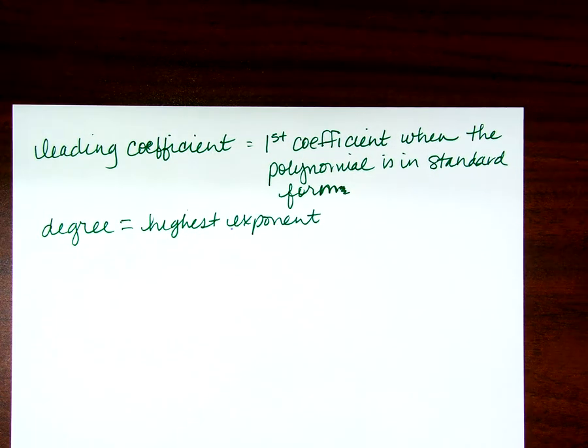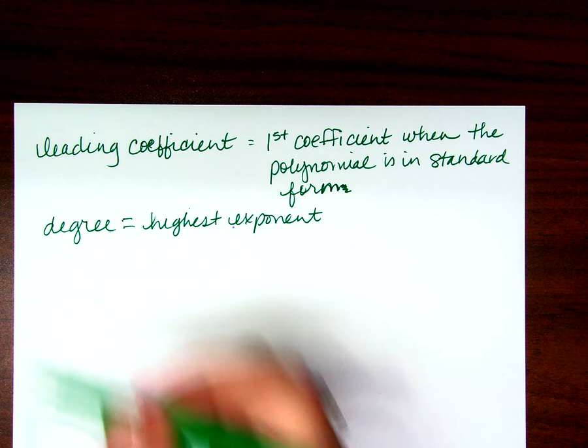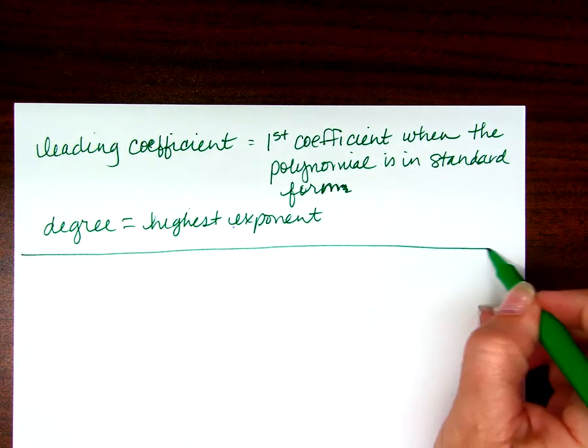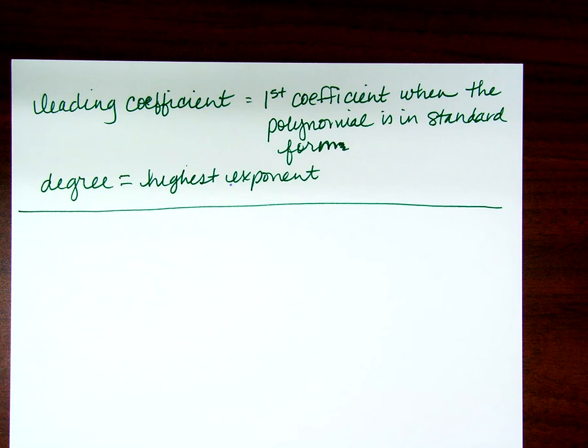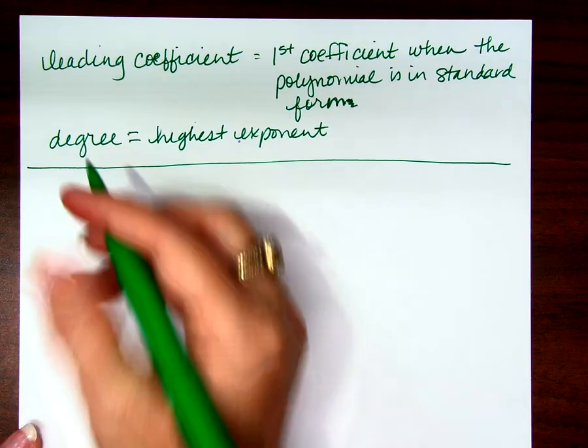It's not difficult at all. You look for the biggest one, that's the degree. Okay? Any questions about that? All right. So I can use those two words and you guys know what I'm talking about? Okay. So let's talk about the end behavior.